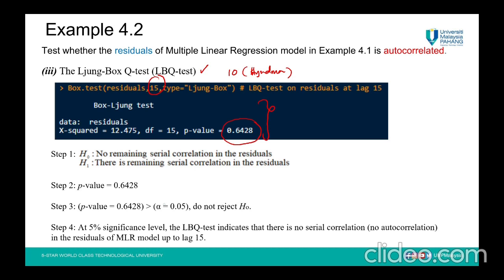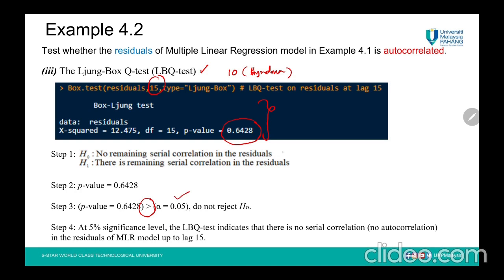Since the p-value here is greater than alpha, and alpha is not given, so we use the standard alpha of 0.05, the decision is do not reject H0.